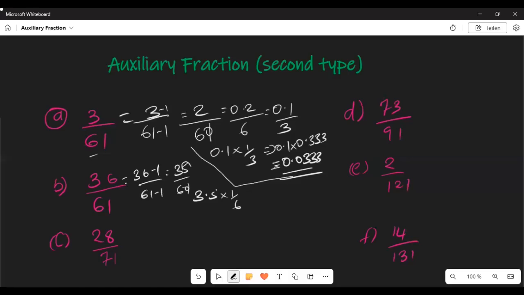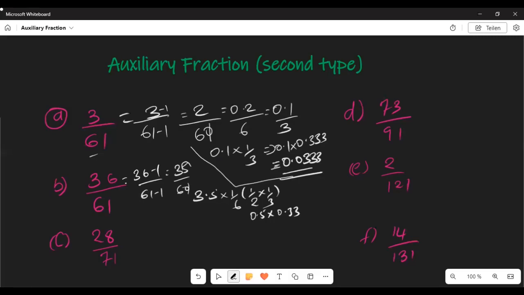But then we know that 1 over 6 is equal to 1 over 2 multiplied by 1 over 3, and we know what those are. 1 over 2 is 0.5, and 1 over 3 is 0.33.